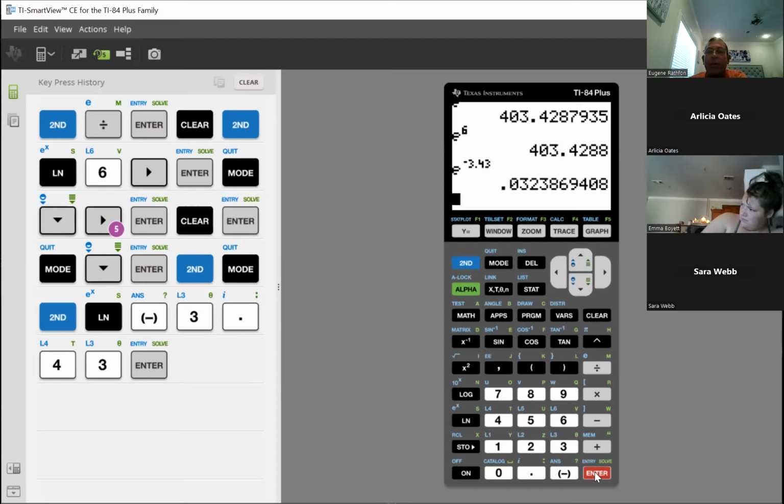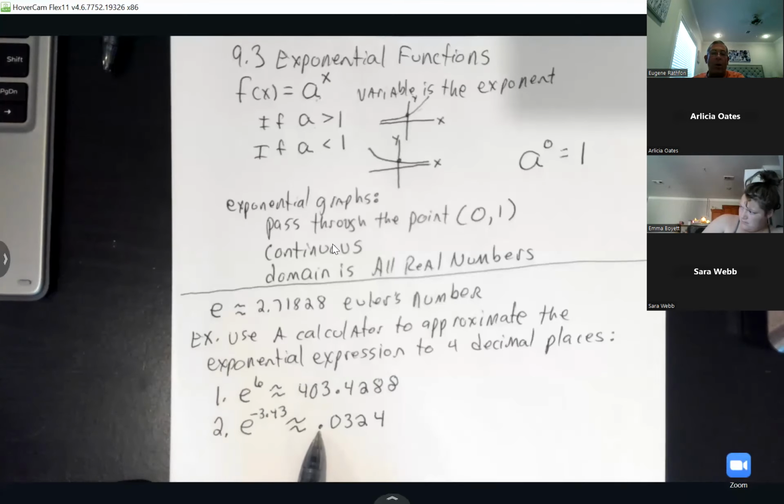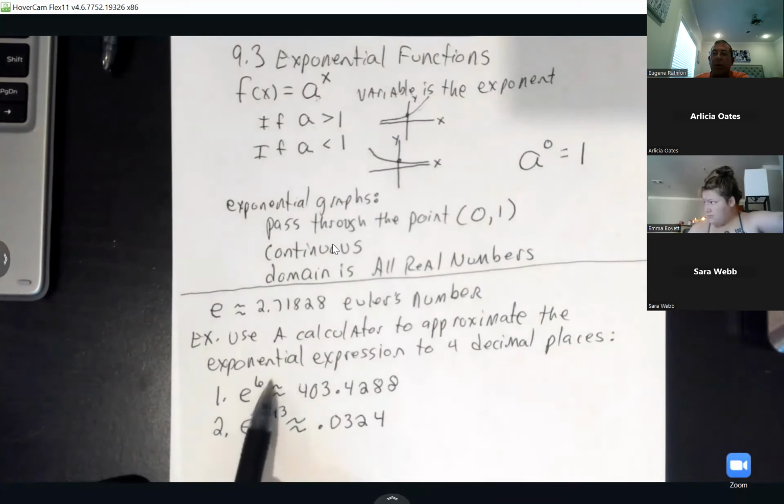So we'll have 0.0324. All right, so that's what the first 2 problems wanted, just so y'all can get acquainted with the e, okay?